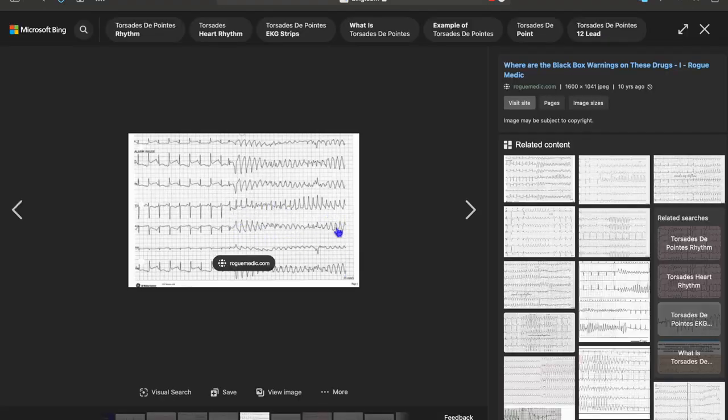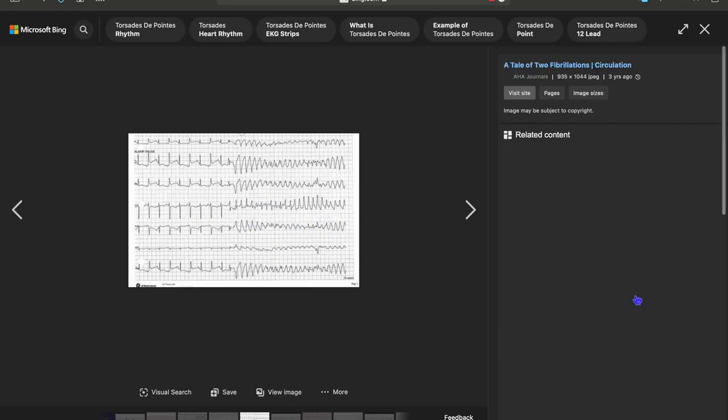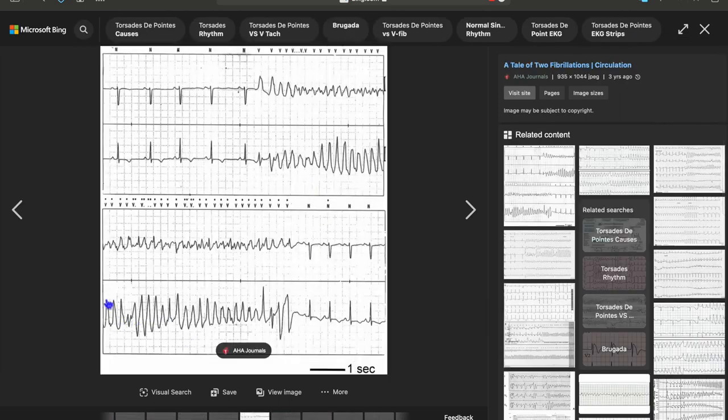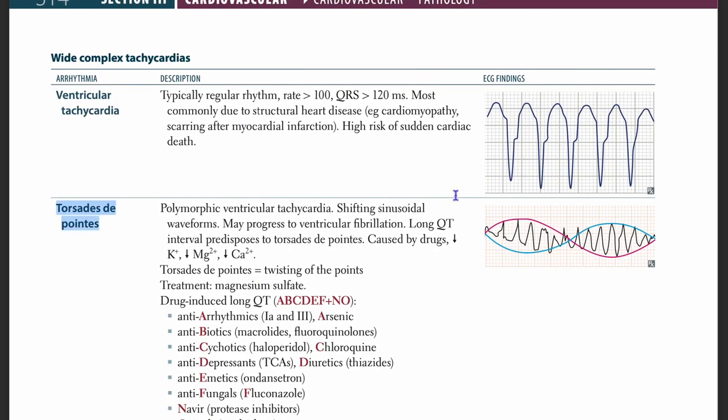So this was his Torsade de Pointes as well. So learn to recognize that. Right, so if you would draw a line like that, similarly, it would be this. So they'll ask you, what would you see on ECG in Torsade de Pointes, or because of these drugs, you would see a long QT interval. That's what they're looking for. Okay.